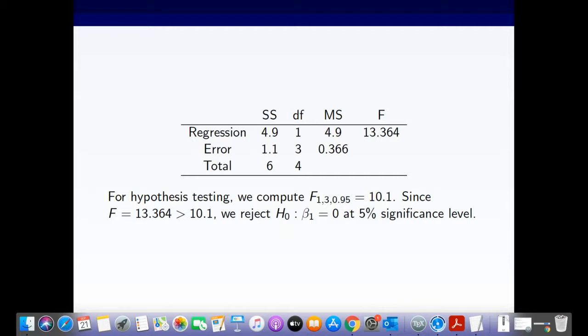And then we use the critical value, F with degrees of freedom 1 and 3 at 0.95, which is equal to 10.1. Since the F equal to 13.364 is greater than 10.1, we reject H0, beta 1 equal to 0, at the 5% significance level.